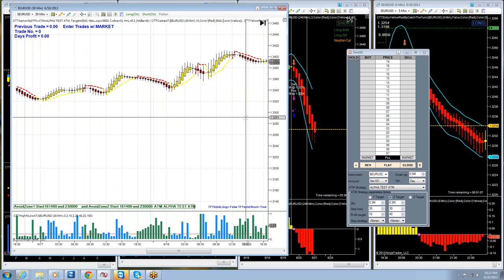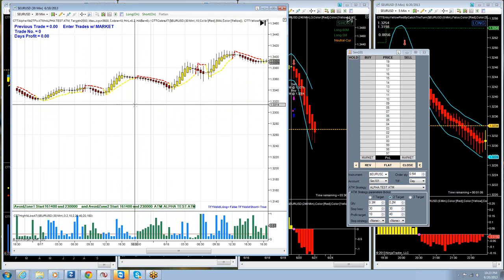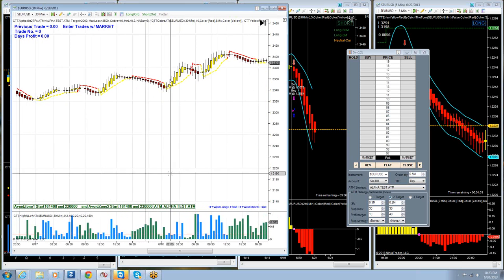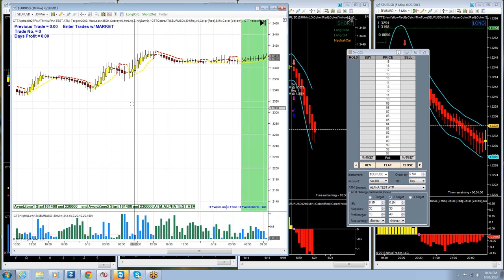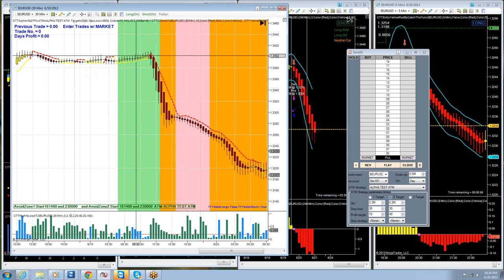We know that with the FOMC and all the news that's been coming out, the markets have been a little crazy, so we have to go back and readjust some of the settings. For example, this setting, the high and low was 0.566, and this next bar was 0.8.